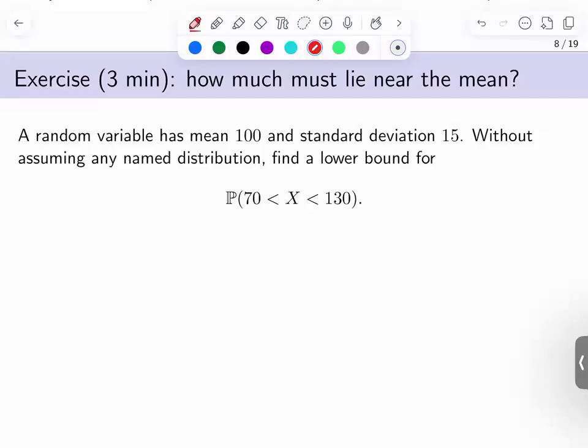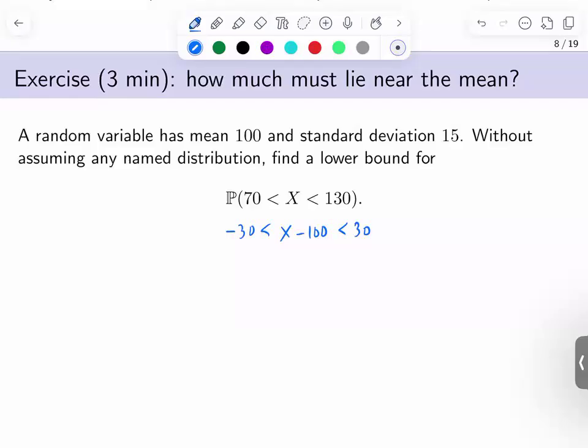Comments, questions? Clear? What is the first step, for example? I can do x minus 100 between negative 30 and 30, right?